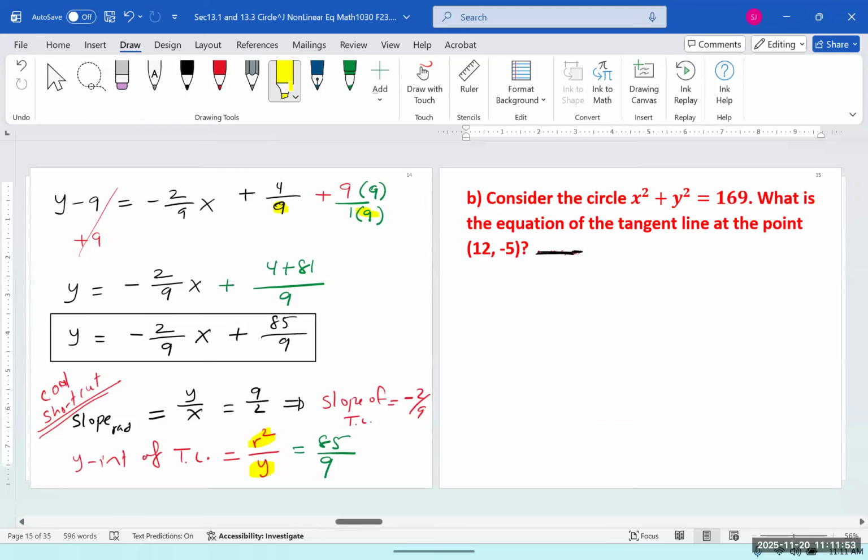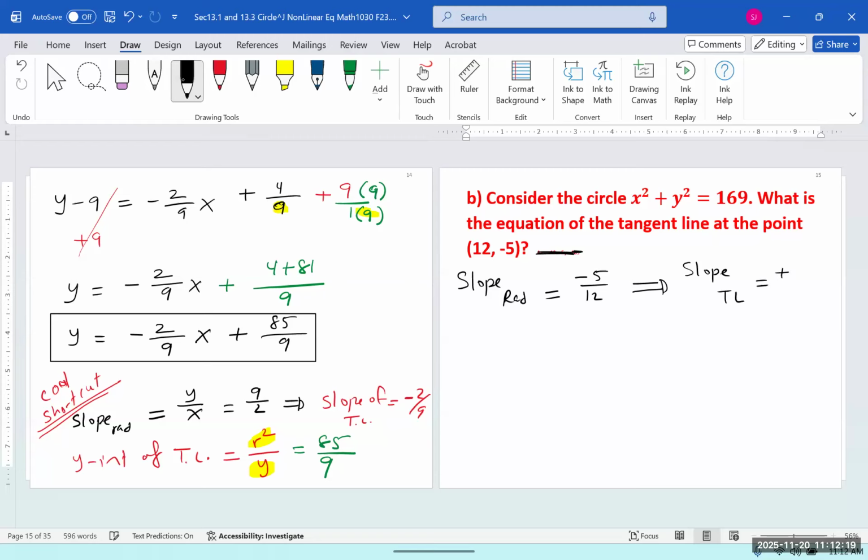So if you use the shortcut, the next one is easy. The slope of the radius is -5/12. That tells us the slope of the tangent line is +12/5.